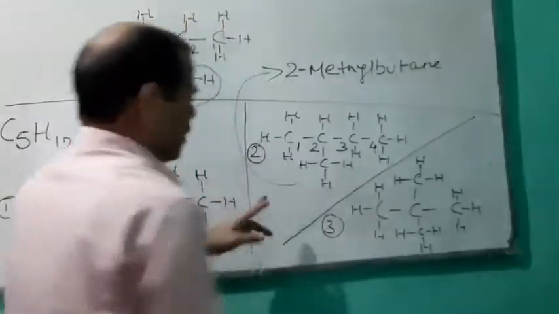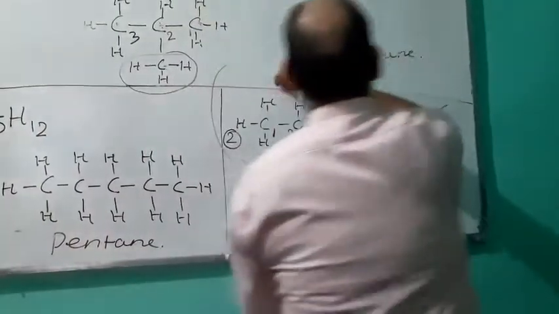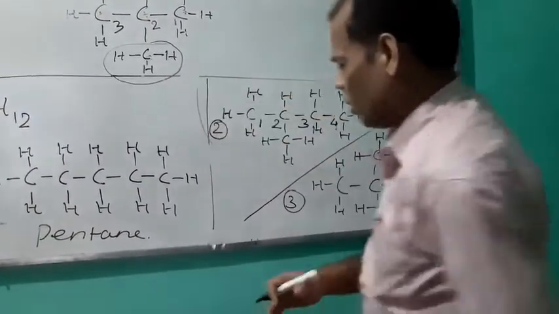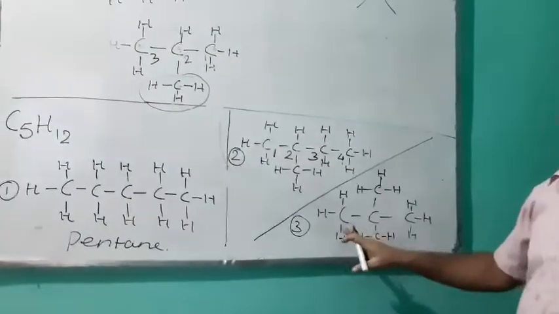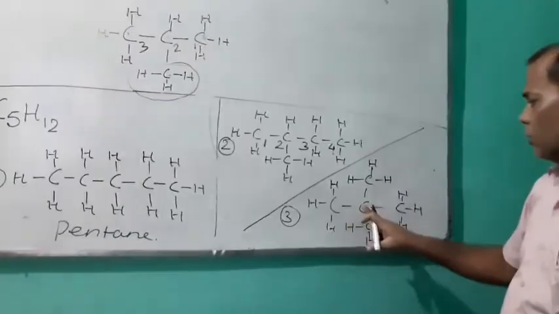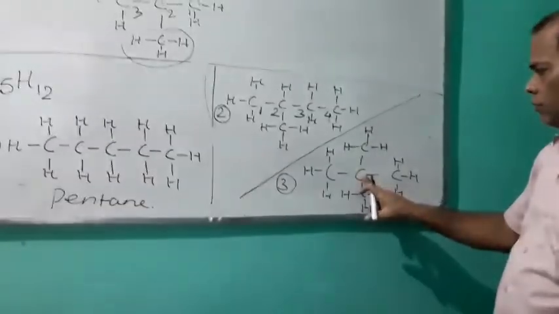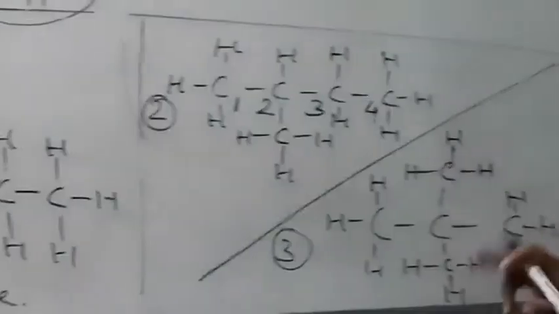Now you see, the third structure belongs to the same C5H12. Here again C5H12 can be written as 1, 2, 3, 4, 5.